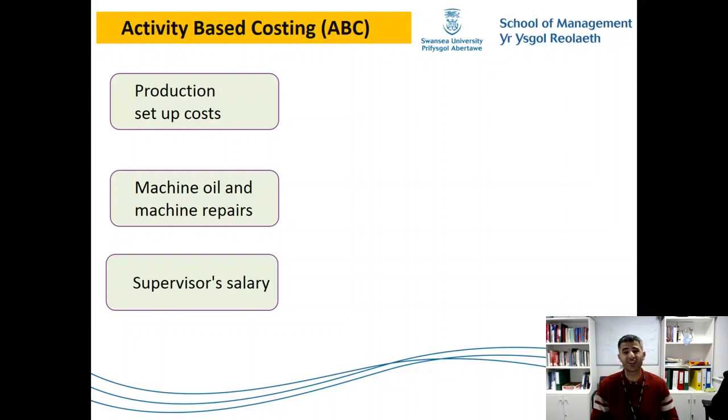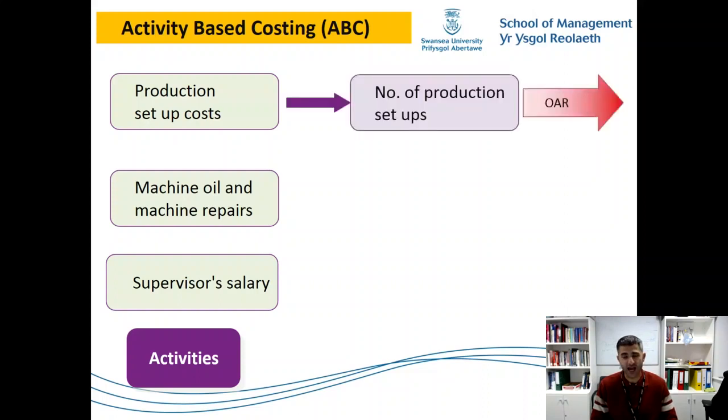These are classified as activities. Every single activity under ABC has one cost driver, and every single cost driver has one OAR. Can you see how accurately it is breaking down the cost? Instead of having one OAR for all of these, we have one OAR for each activity.